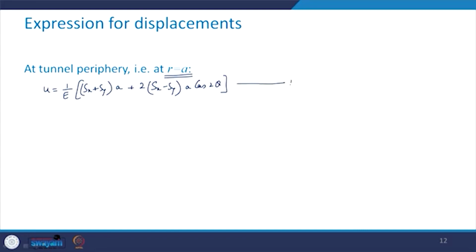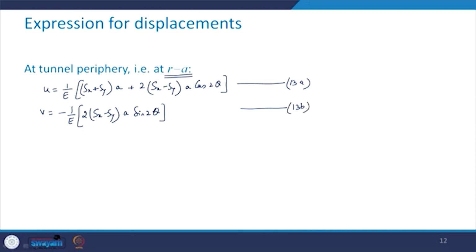This is equation number 13a. And v will be equal to minus 1 upon E, 2 into (Sx minus Sy) into a sine of 2 theta. This is 13b.